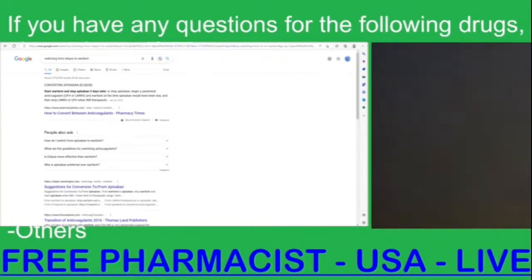So for that case, the patient might need to take the warfarin and the injection, like Lovenox injection.